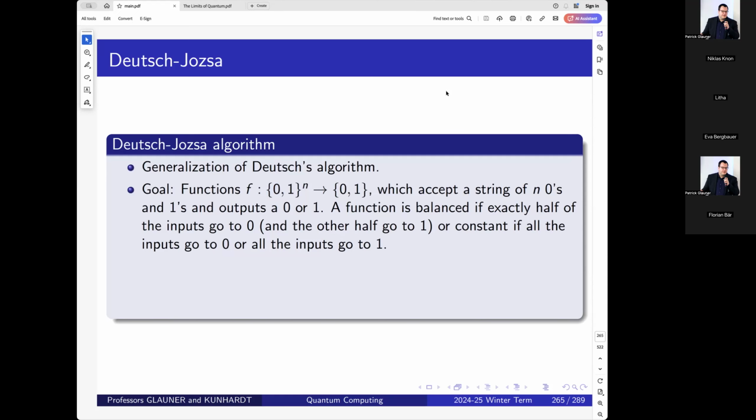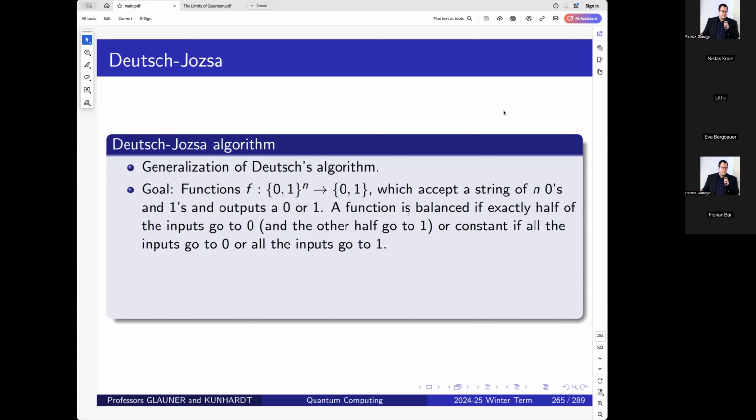And what we want to know in this context is if a function is balanced or constant, and balanced here would mean that exactly half of the inputs go to 0 and the other half of the inputs go to 1. Or the function could be constant if all the inputs go to 0 or all the inputs go to 1.